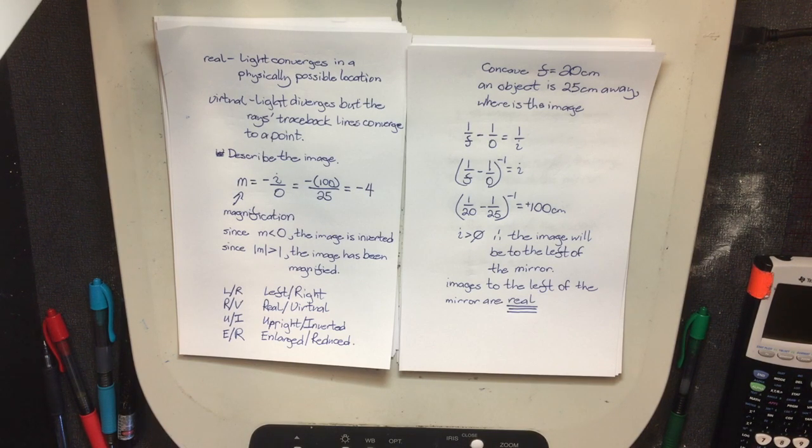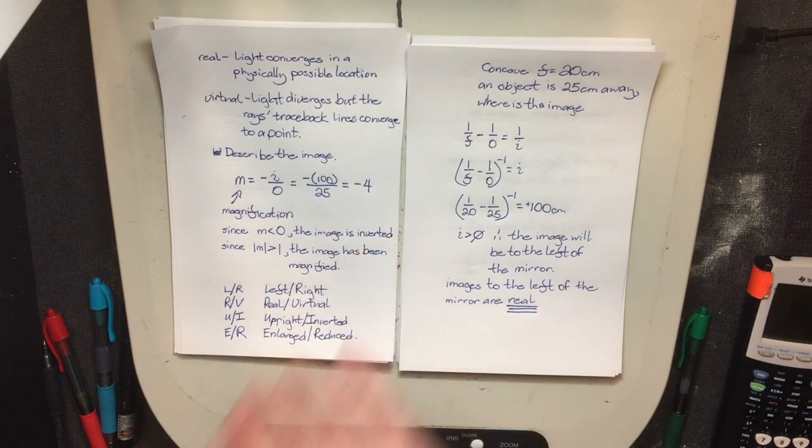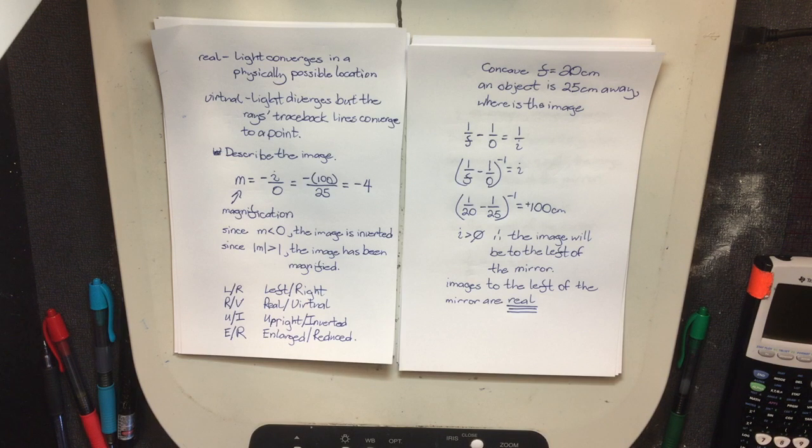You are asking about the permutations of everything, and we've just started. You will end up in a situation where the image is reduced, eventually. All it depends on is mirror or lens, convex or concave, and where that object is. And so I can do all sorts of permutations with that.